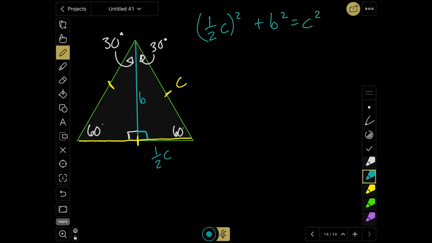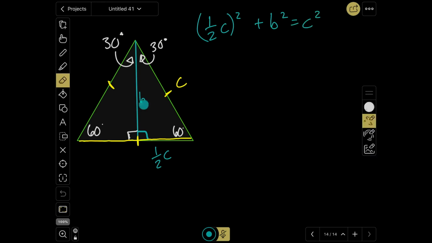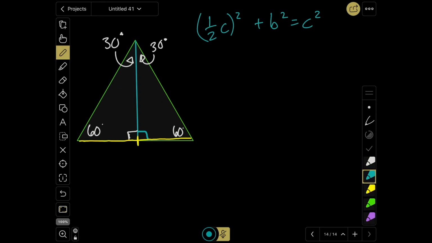And what did we know about this? I'm going to erase these values here. We knew that one of these values was always messy. It was this value here in blue. This was our star value times the square root of 3. This was our star value times 2. And this was just our base value, star.